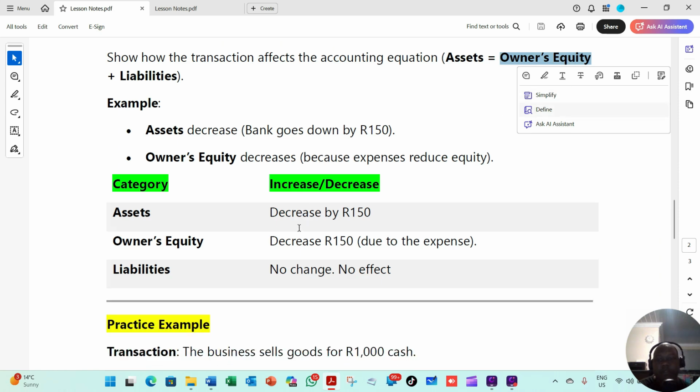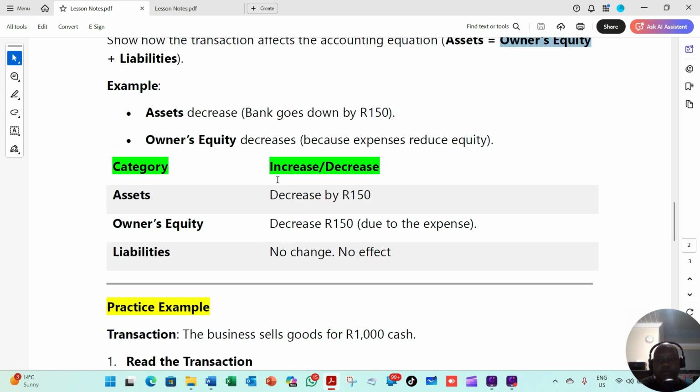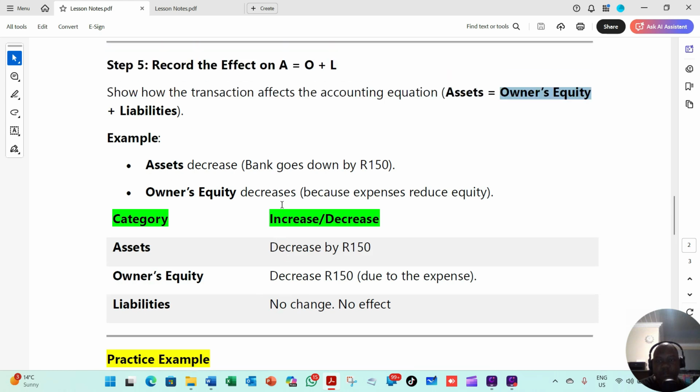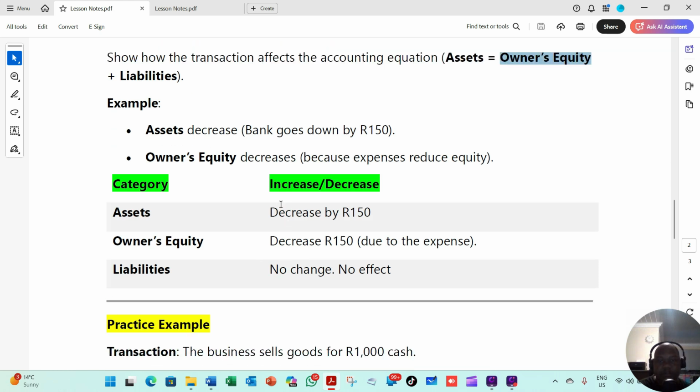And then here's an example of that. Stationery purchase. You purchase stationery with a value of 150. So the money in the bank decreases, and we decrease the owner's equity.